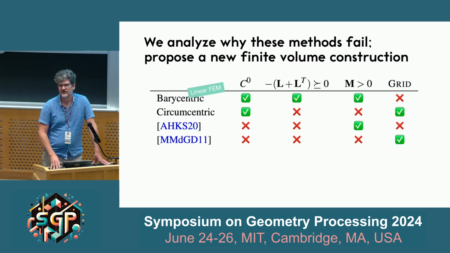In the literature, there are previous proposed fixes for this problem of the circumcentric duals. And unfortunately, what we see is they give up one property in favor of another. So for example, Alexa and colleagues a couple years ago proposed a fix for the circumcentric duals, which makes all the volumes positive, but this makes it no longer continuous with respect to vertex positions.